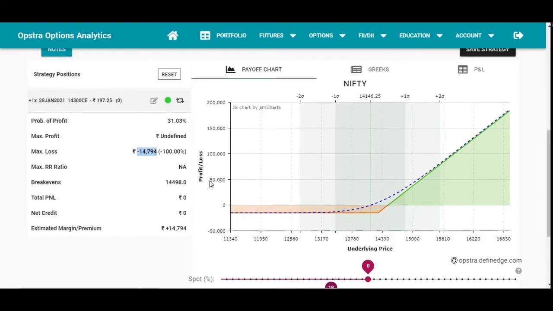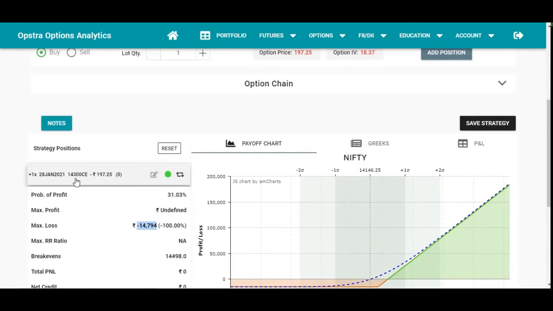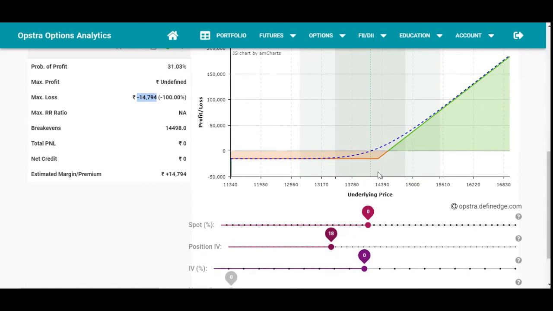Okay, so he is thinking that the market will move above 14,300, but this particular call option buyer will make money only if the Nifty moves above 14,498. Here you can see the payoff graph. Wherever the market moves, he is not going to lose anything more, because this is the premium he spent for buying this option. So his maximum loss will be 14,794, which is the premium he paid for buying this call option.